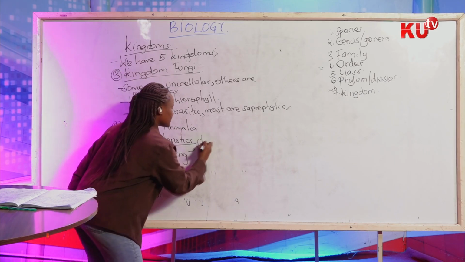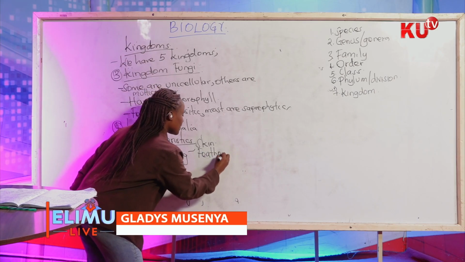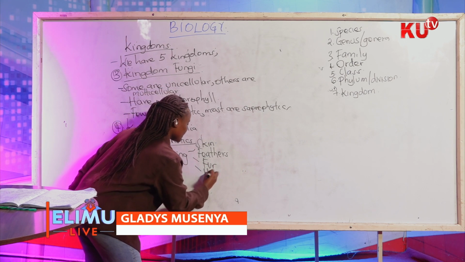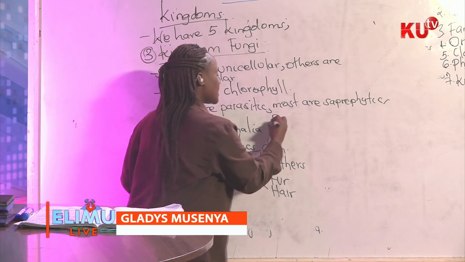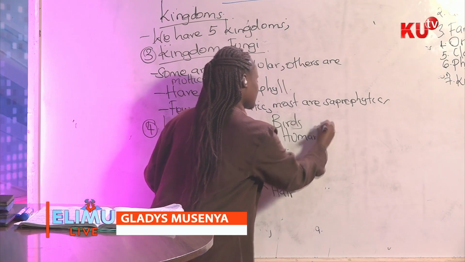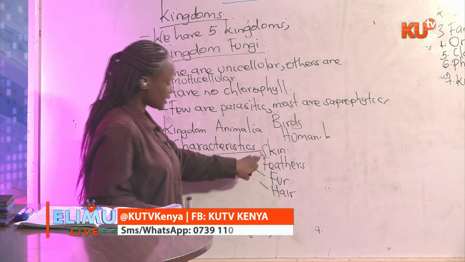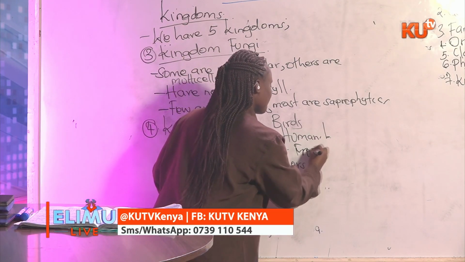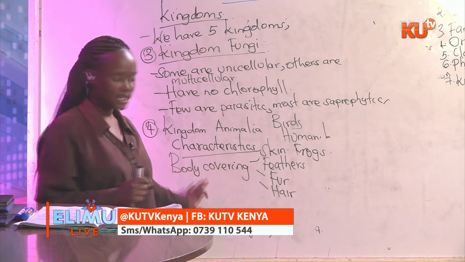It can be covered by skin, feathers, fur, or hair. In Animalia, that means we have birds and human beings. We also have the frogs and chameleon. So that is in animals.